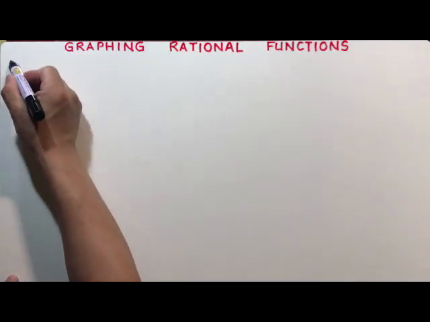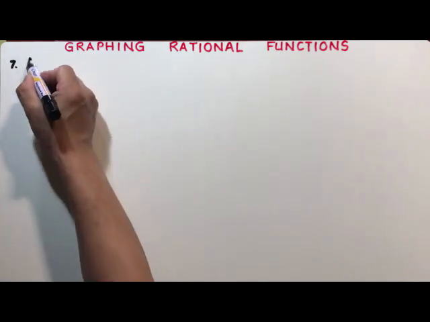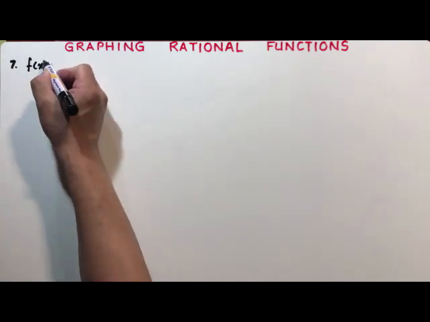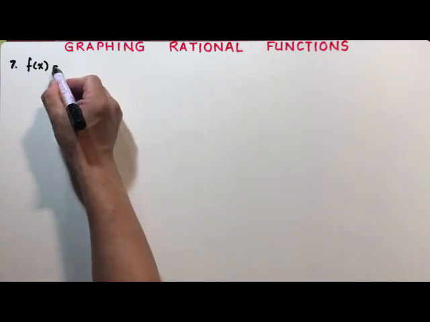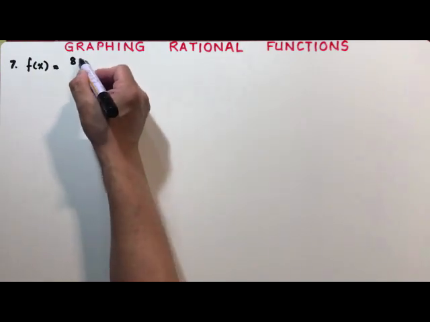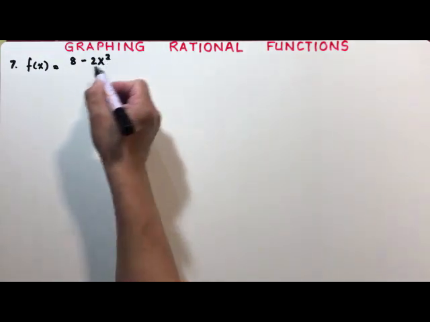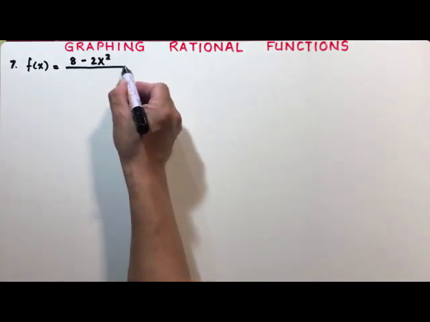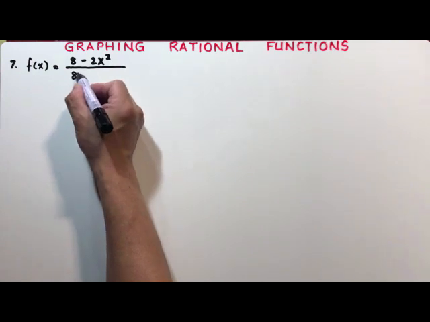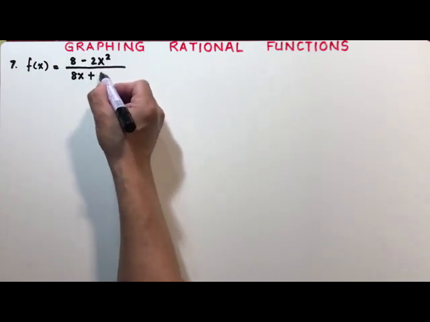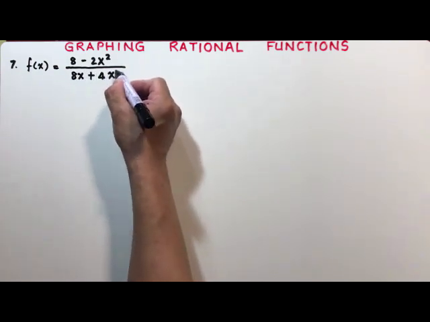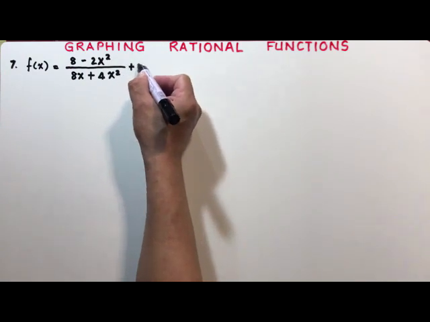Now let's proceed to example number 7. What is the graph of the rational function f of x equals 8 minus 2x squared over 8x plus 4x squared plus 3?